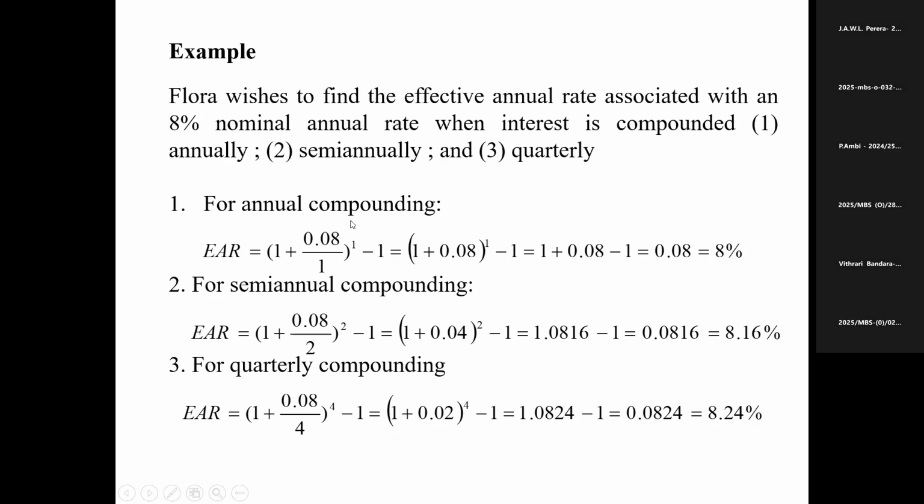In the annual case, we have a nominal 8%, and (1 plus i divided by m) to the power m minus 1 equals 8%, since nominal and effective are both annual. But when the frequency changes to semi-annual, we take the nominal 8% divided by 2, with m now 2, since semi-annual is 2 periods, and minus 1.